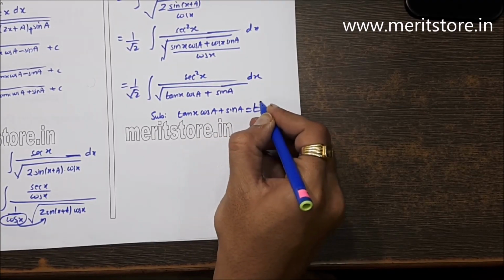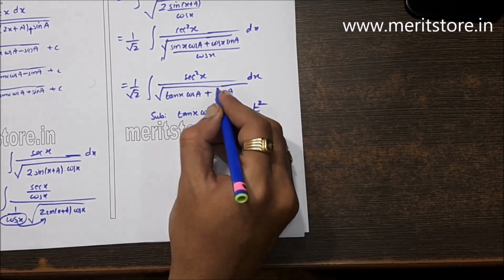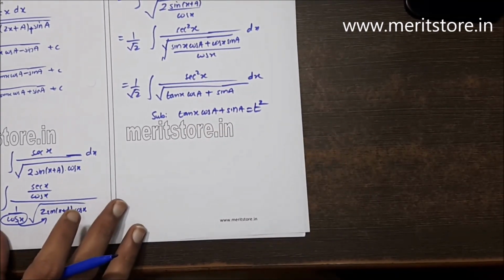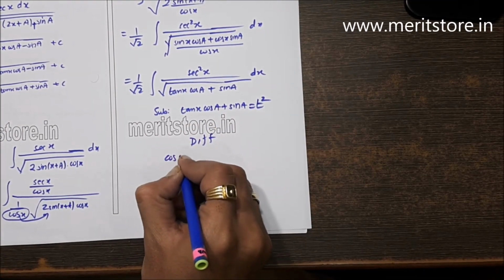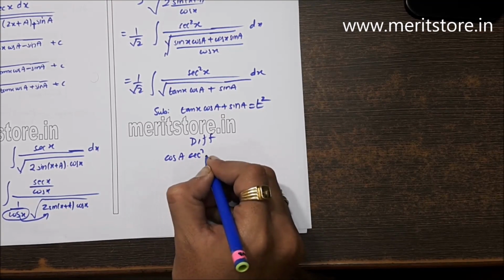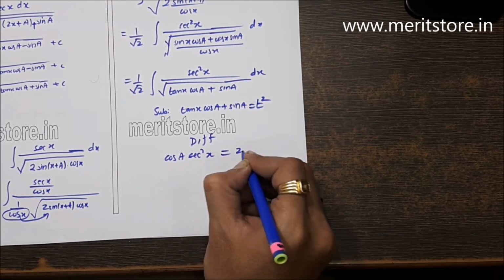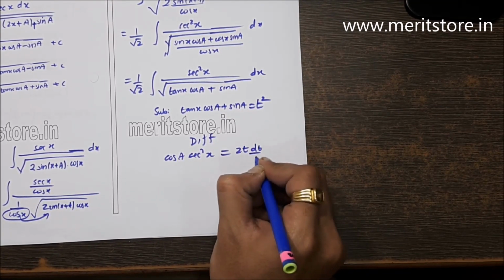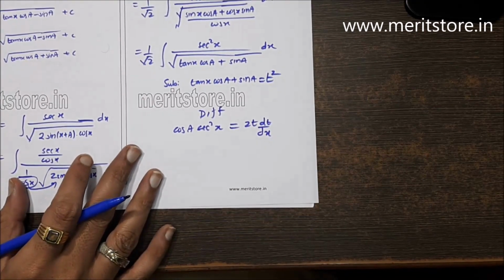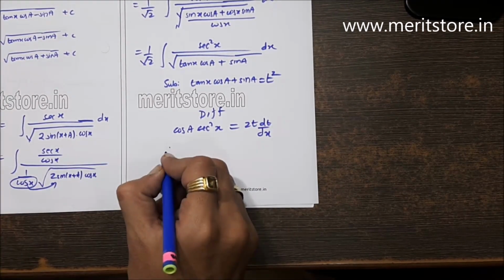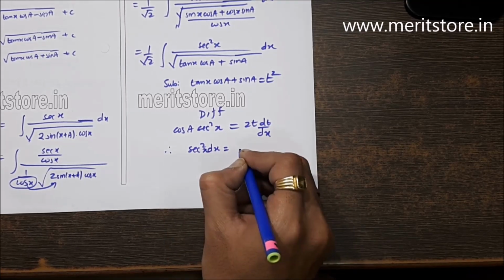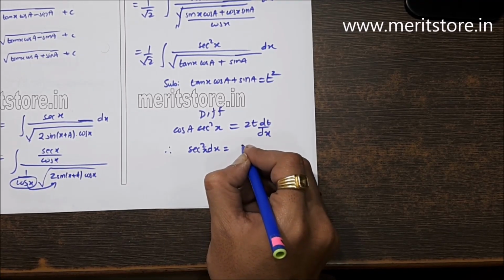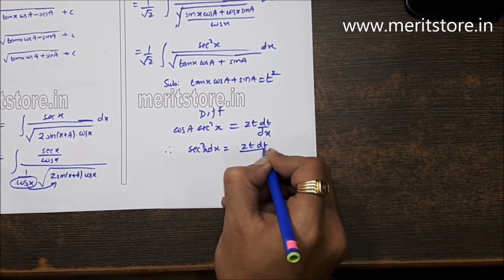And to be more precise, let's take this as t square so that the root and the term cancel off. Differentiating, what I'll get is cos a sec square x is equal to 2t dt by dx. Therefore, sec square x dx will be equal to 2t dt upon cos a.